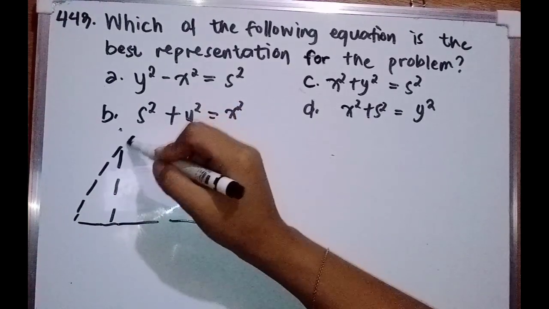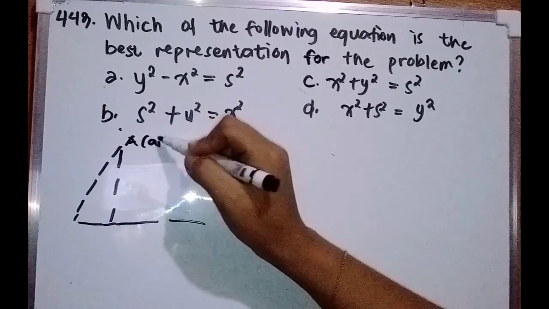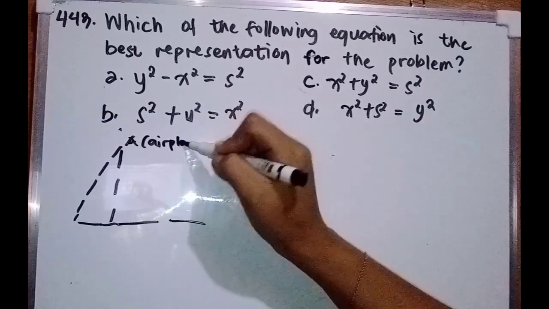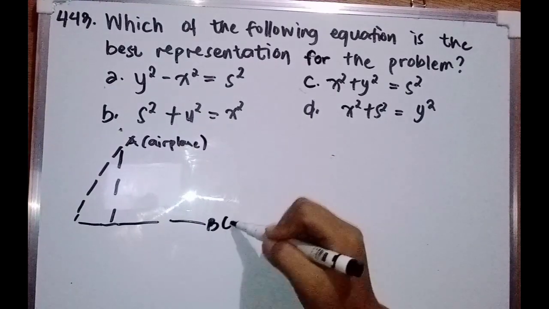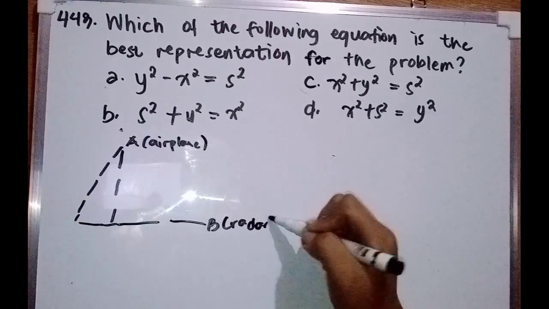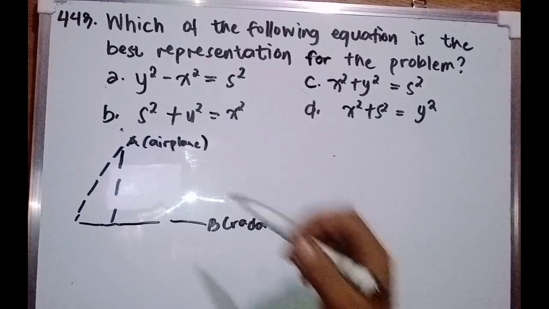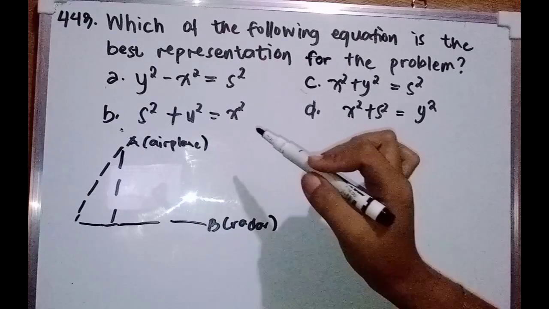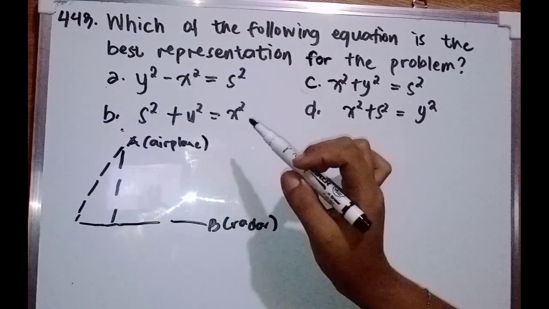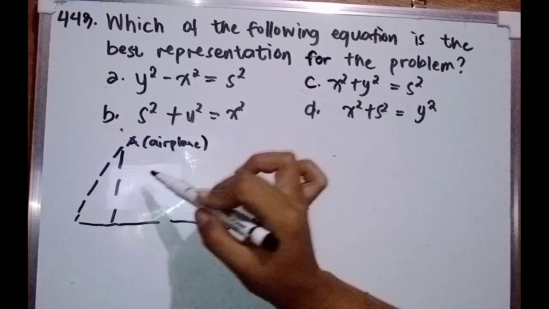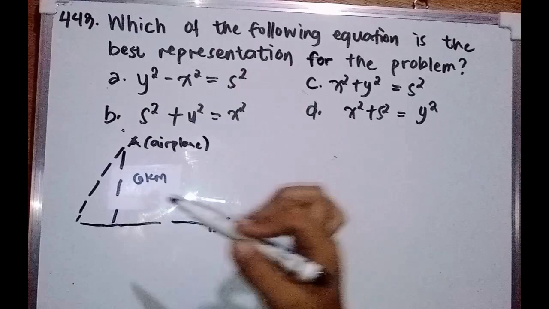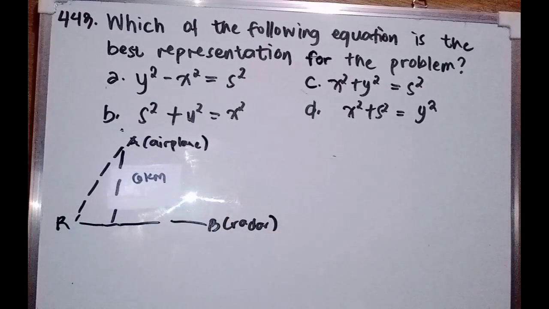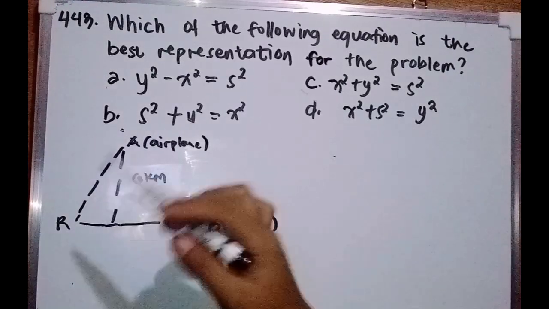So let's say A will represent the airplane, B will represent the radar. So an airplane has a constant height of 6 km. And it is R, a point on the ground directly below the plane.